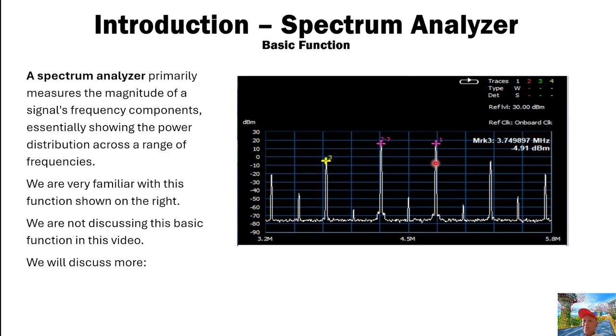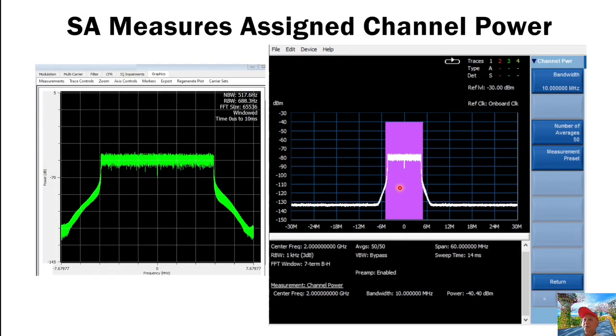If you are very familiar with this, then I think we can just skip it and not discuss it too much, because this is the function we use the spectrum analyzer for in most cases. Then we are going to discuss the other functions of the spectrum analyzer. First, let's discuss how the spectrum analyzer measures the assigned channel power.